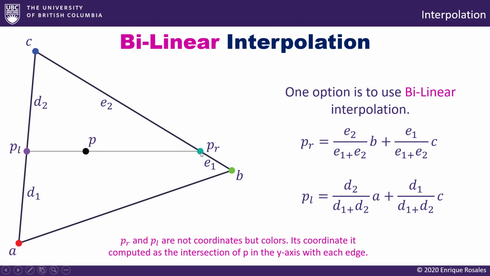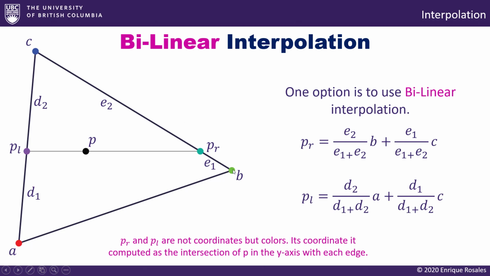I need to know which color needs to contribute more. I have two colors on this line: the color of C, which is blue, and the color of B, which is green. So I just need to take each of those colors and multiply them by a weight, in such a way that the combination of those two weights is equal to 1.